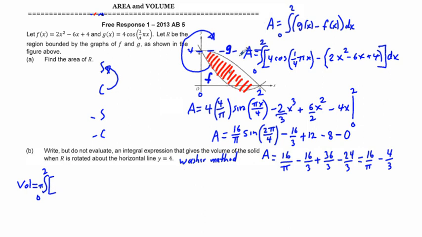So our distance here is going to be 4 minus f of x, and that's going to be our outer squared, or big R squared if you do it that way. Subtract out, we're going to have 4 minus g of x, and we're going to square that, and that'll be dx.